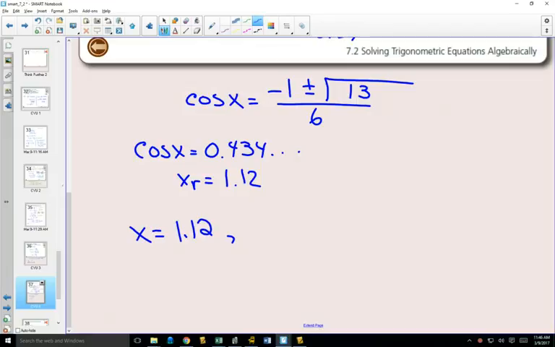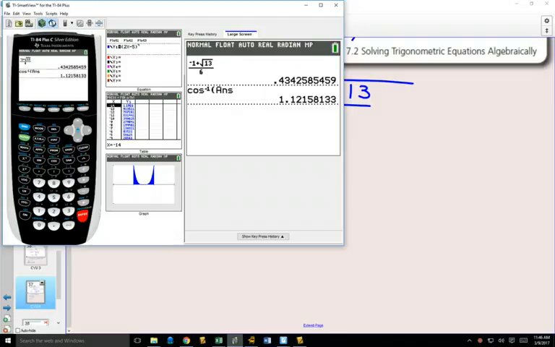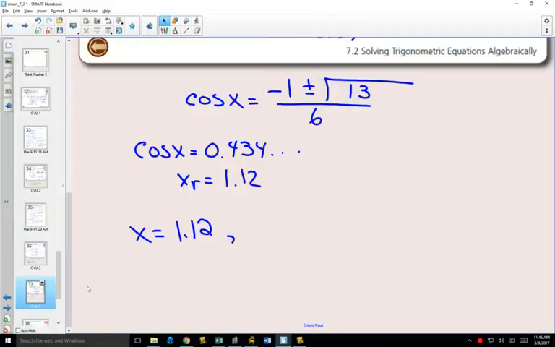I just did a quick check, and it said give your answers to the nearest hundredth, so I have that correct. In quadrant 4, I would do 2 pi minus my reference angle, 5.16. These are answers from 0 to 2 pi.